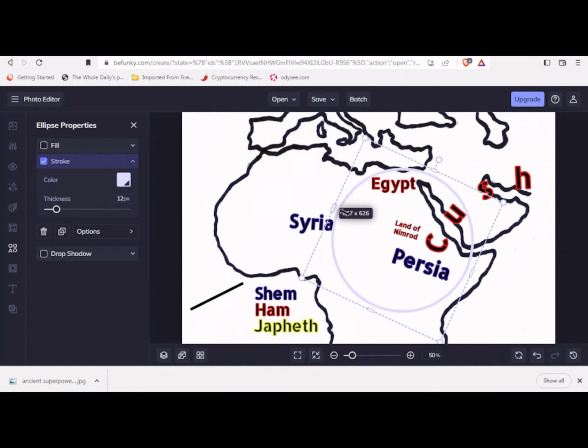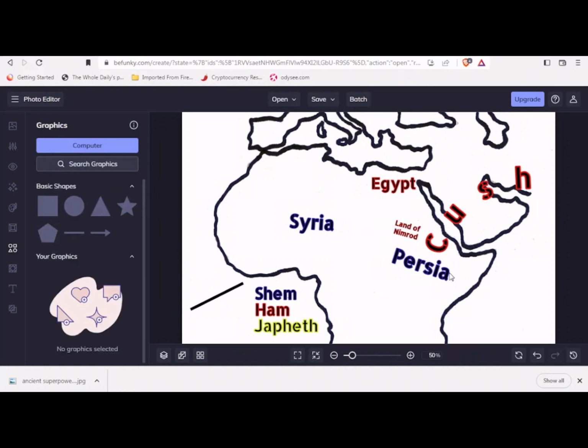So this territory of Persia is going to shrink, and eventually Alexander is going to be victorious over the Persian Empire. So we can delete this shape, so we can see that the Persian Empire has been broken.